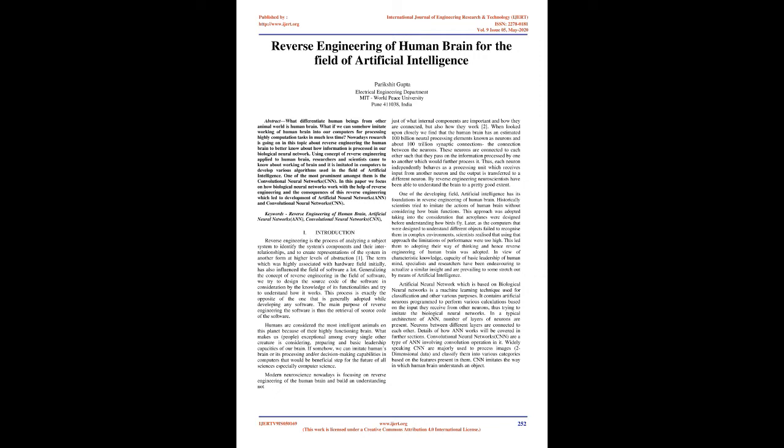In this paper we focus on how biological neural networks work with the help of reverse engineering and the consequences of this reverse engineering, which led to the development of artificial neural networks and convolutional neural networks, CNN. Keywords: reverse engineering of human brain, artificial neural networks, and convolutional neural networks, CNN.